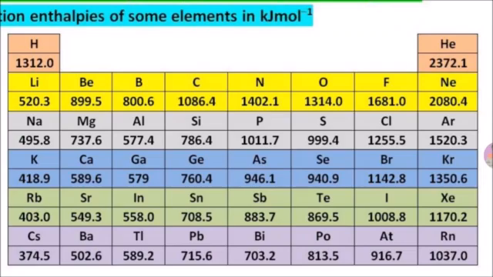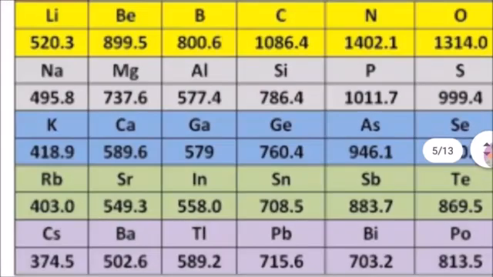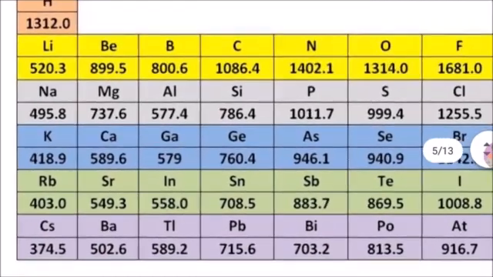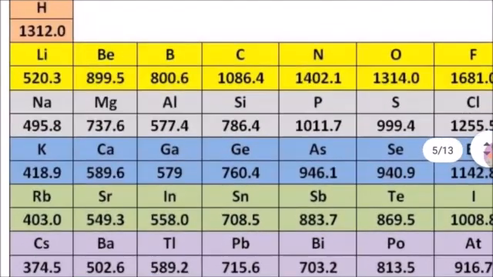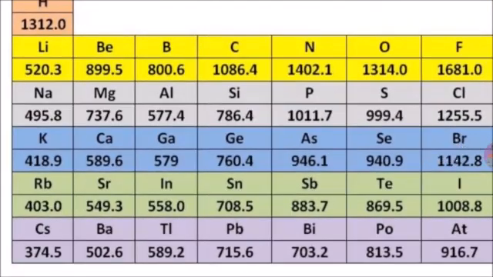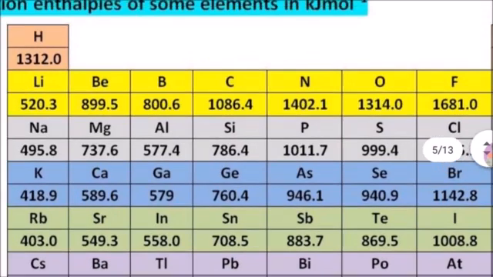In comparison, cesium at the bottom of the group has only 374.5. So you can easily justify that cesium is more reactive, its ionization enthalpy is low, meaning it is easy to remove an electron from cesium but difficult in the case of hydrogen.